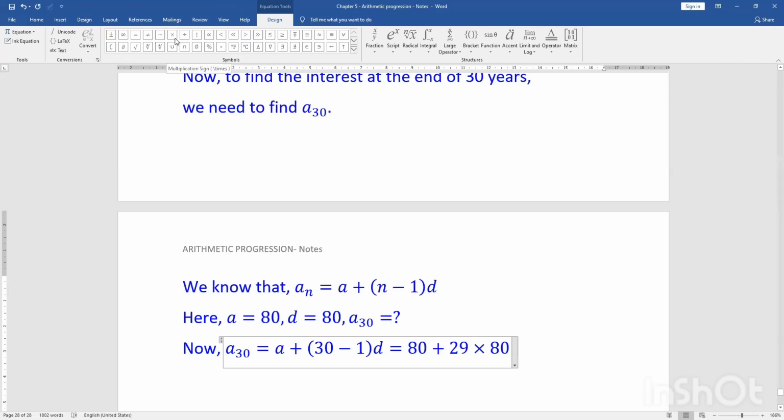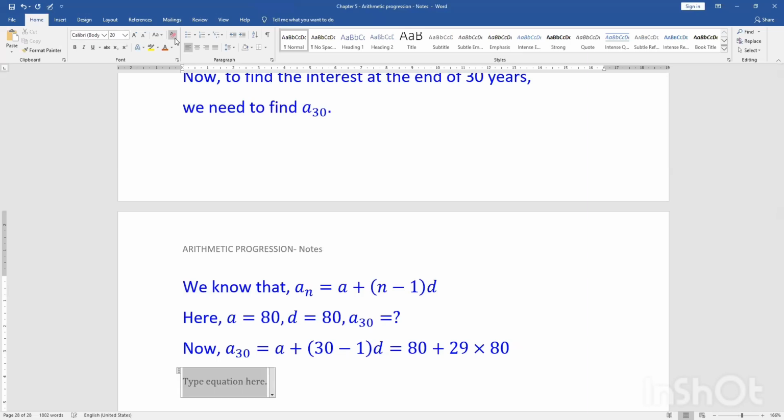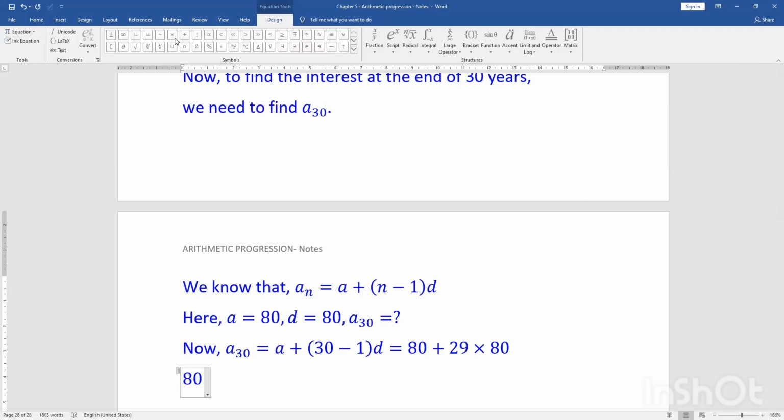Or I'll teach you a shortcut for how we do this. I can write it as 80 common here. This can be further written as 80 into 1 plus 29 into 80. So what is common here? 80 is common, and in the first term 1, and here 29.